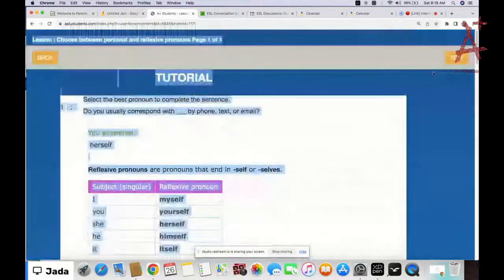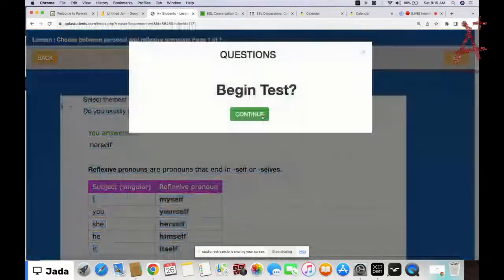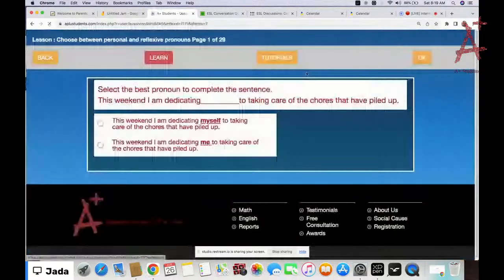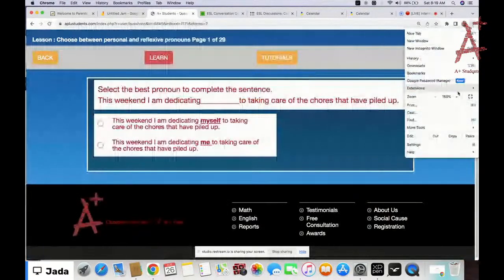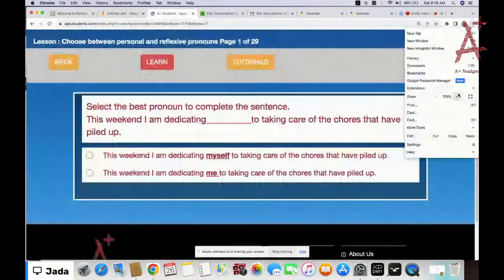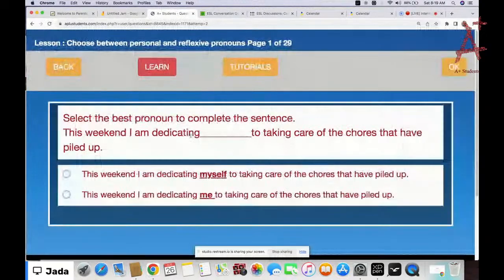Okay, so we'll move on to the test now. Please send in your answers if you know them. This weekend I'm dedicating dash, myself. We saw this in the tutorials already.